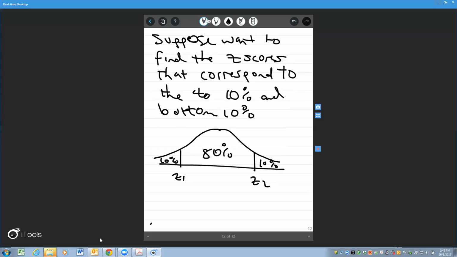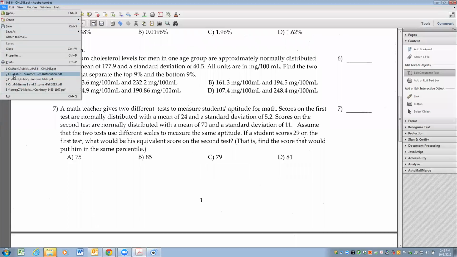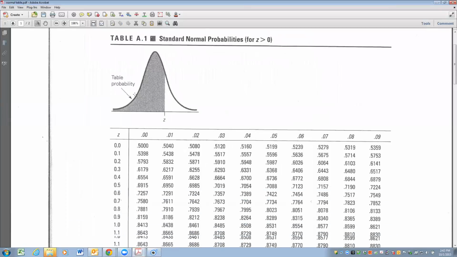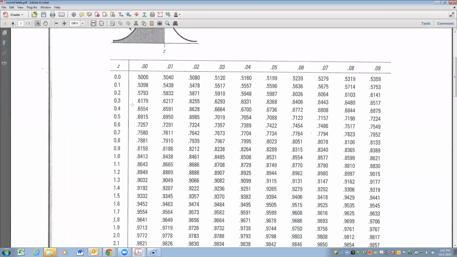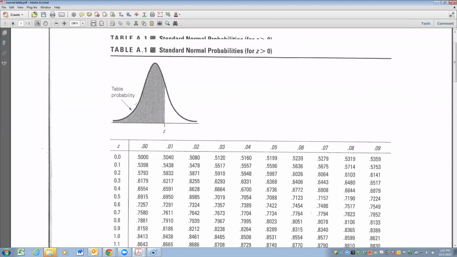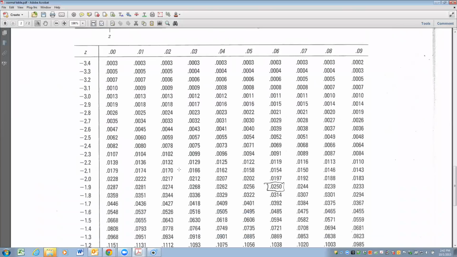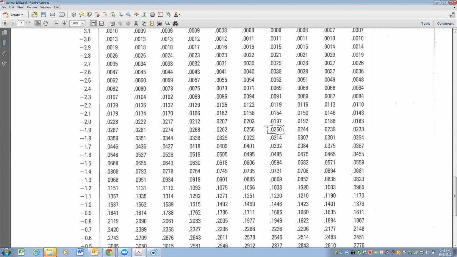Well, I'm going to go to my normal table, and I'm going to look in the body of the table. You have 2 ways you can do it. One would be to look in the body of the table for 10%. So I'm going to try to get as close to 0.10 as I can. And that happens at 0.1003.